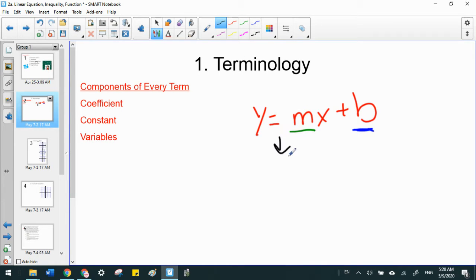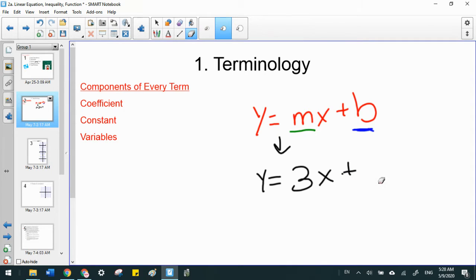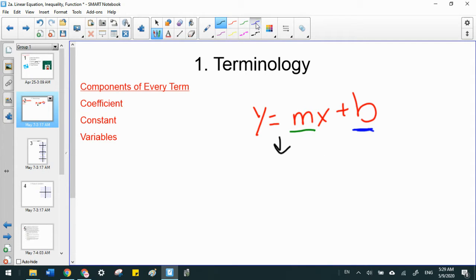So a very standard equation that you can see is something like y equals 3x plus 7.